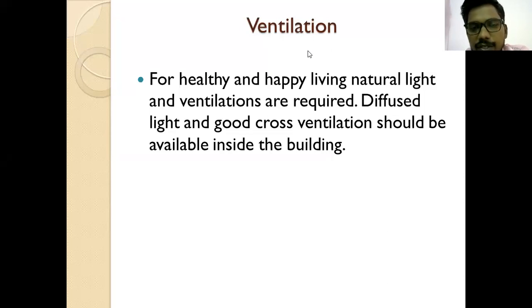If we are going to construct the building in a dry and hot region, then at least we have to provide 10% opening with respect to the floor area of that particular room or unit. That means 1.2 meter square clear opening. To achieve that 1.2 meter square opening, we can provide only one window, two windows or three windows also.